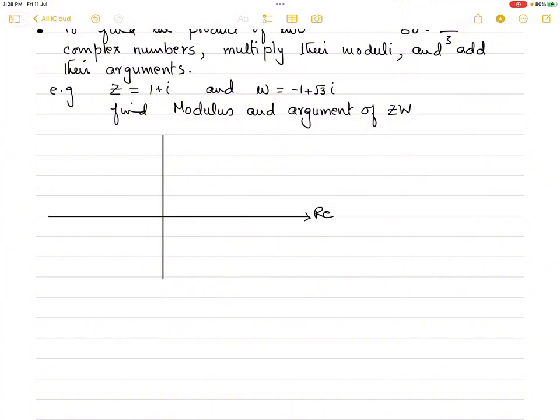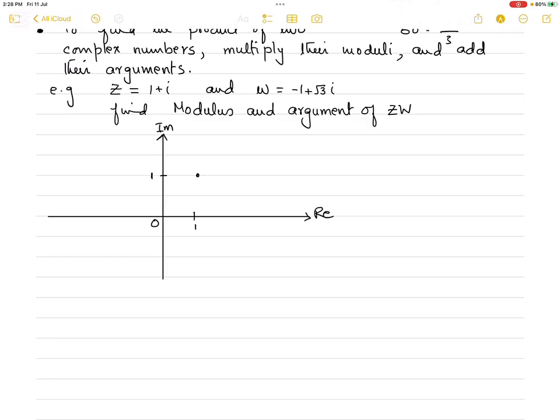Real axis, imaginary axis, and this is 0. 1 plus I: this I means on the imaginary axis, and you write 1 there.